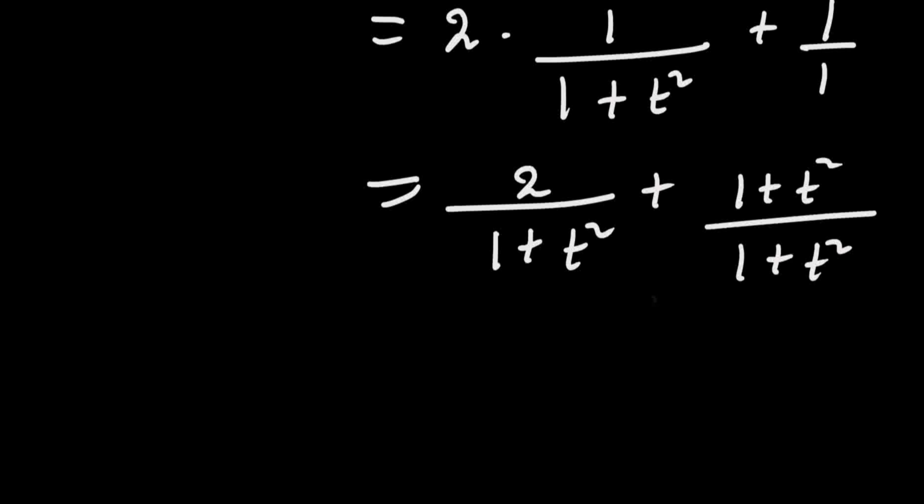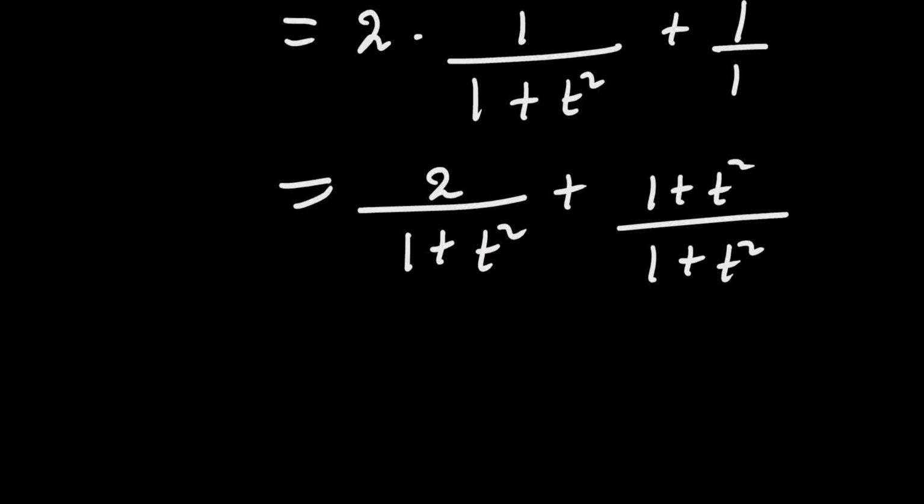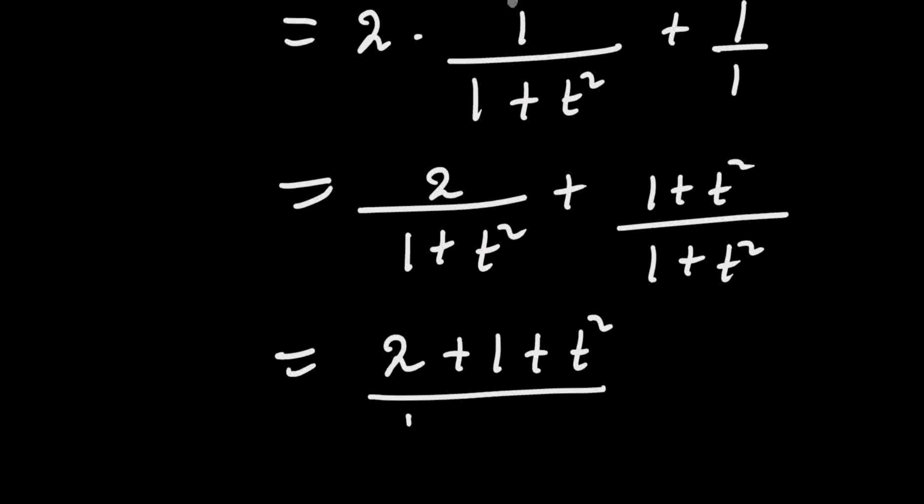So now that we have a common denominator, we can simply add up the numerators, and that would be 2 plus 1 plus t squared over 1 plus t squared.